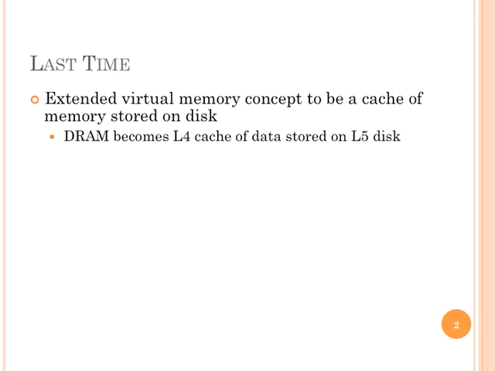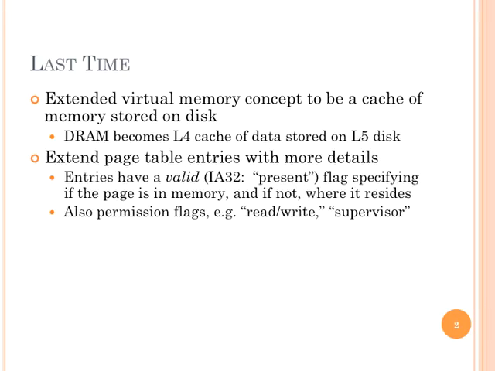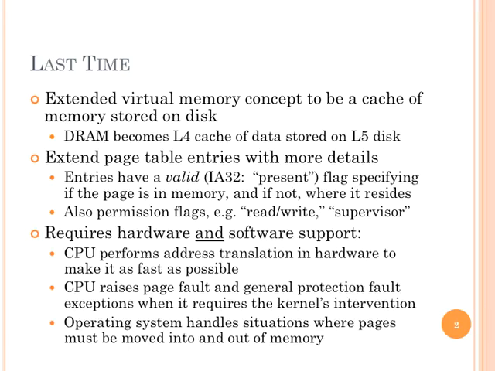With mobile phones, we sort of stopped there, but on general purpose desktop computers and laptops and so forth, we extend this concept to be a cache of data on disk, which is really neat. We added various things to the page table entries so we could keep track of this stuff. So we have the valid bit now, and we also talked about permissions, read and write, which is kind of interesting, because you could imagine having a writable page that's not readable.